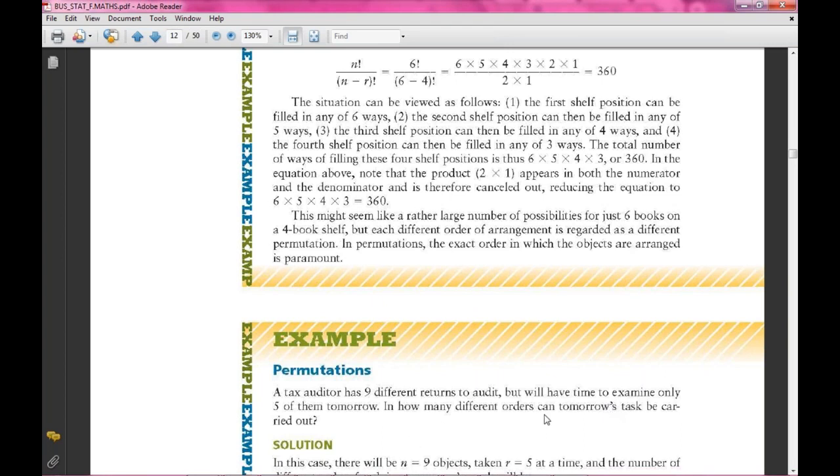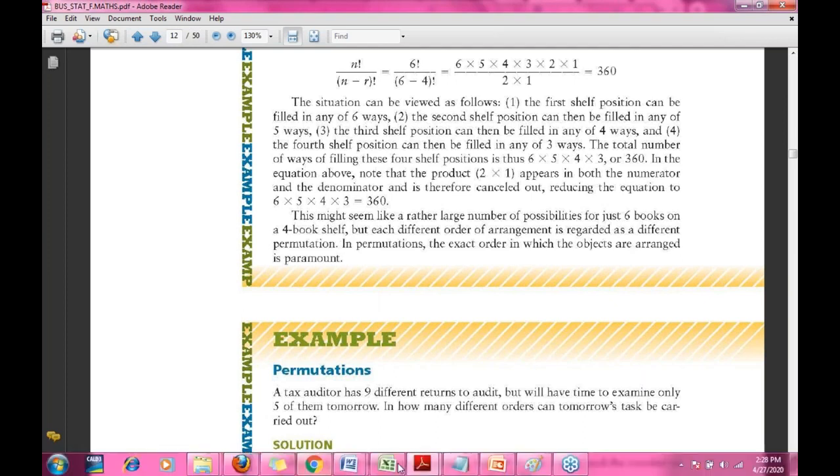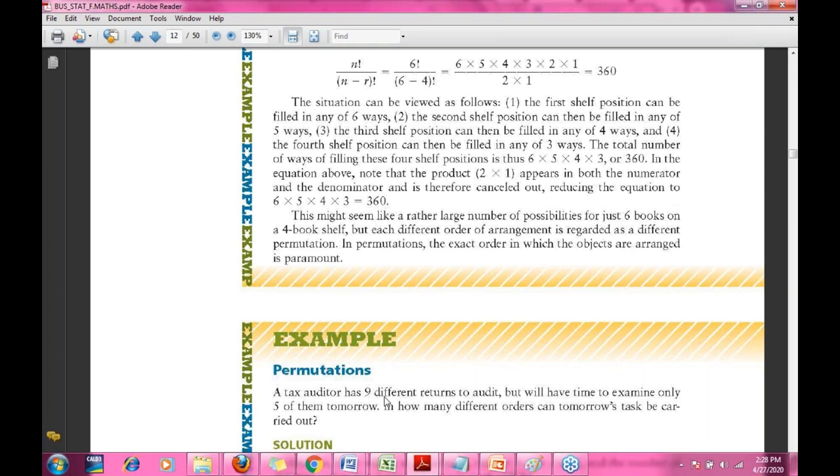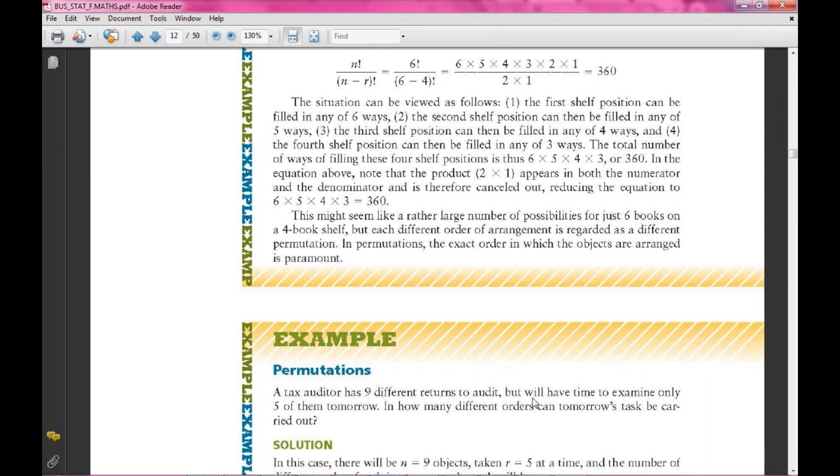In how many different orders can tomorrow's audit be carried out? So here also, you have your n to be 9, then your r to be 5, because out of this 9, he can only take 5 at a time. So that's r at a time.